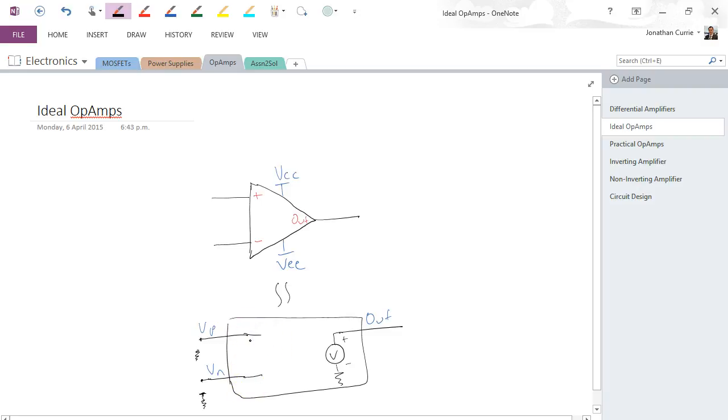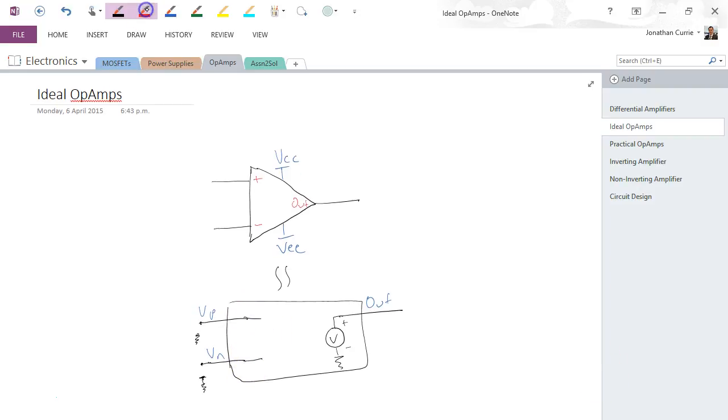And what I want you to see from this diagram, so this is an ideal approximation, a few things. First of all, these two inputs, the positive and negative, or non-inverting and inverting inputs, they're not connected to anything. Alright, you can actually see there is no physical connection here.